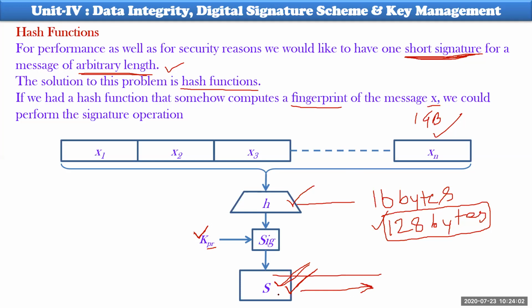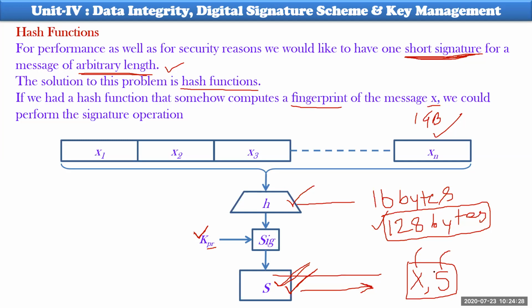After getting this scrambling, you need to send both pieces of information. Your actual plain text will be sent to the recipient, and your S will also be sent to the recipient. Whoever the receiver is, you need to send these two. Then an intruder could also receive this X, the plain text, and the scrambled message, the hash value or fingerprint.